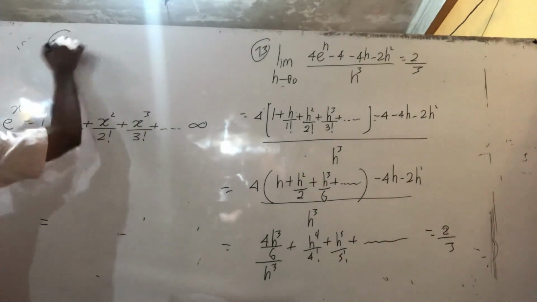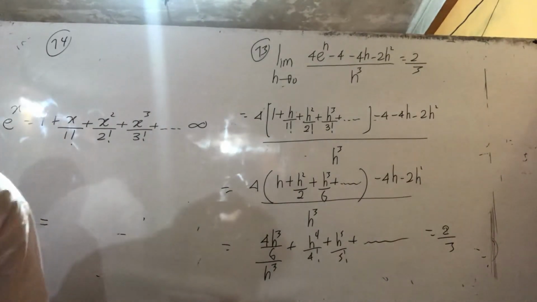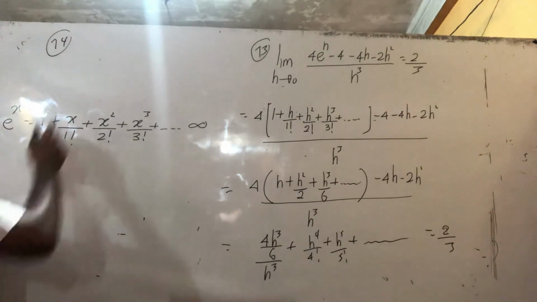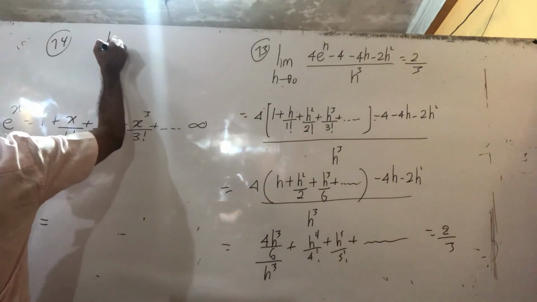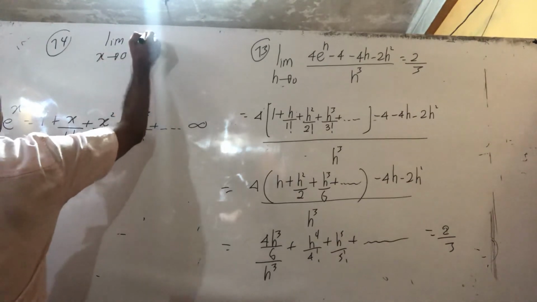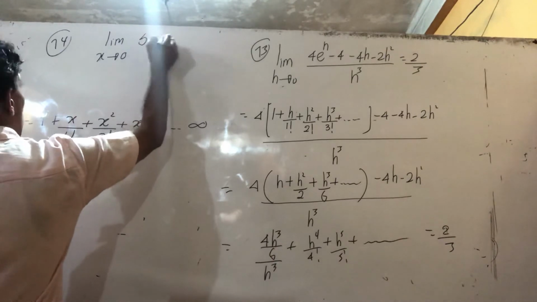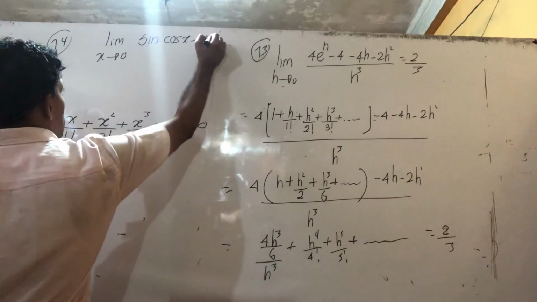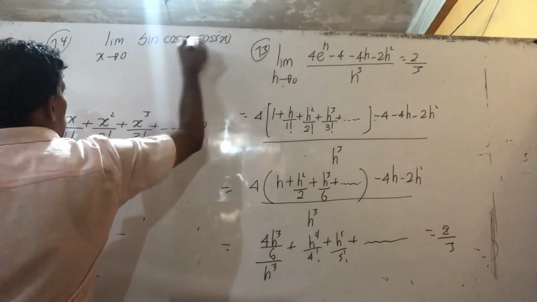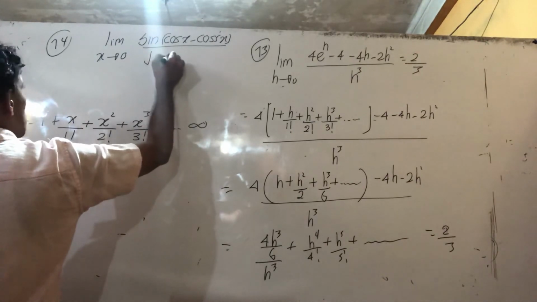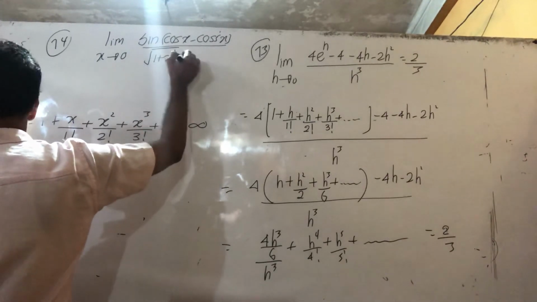See question 74. Limit x approaches 0 of sine of (cos x minus cos 5x) over square root of 1 plus x square minus 1.